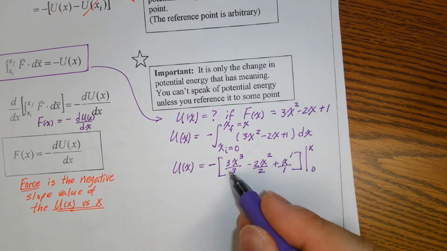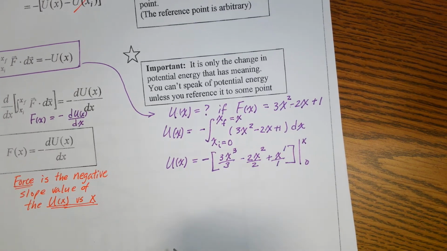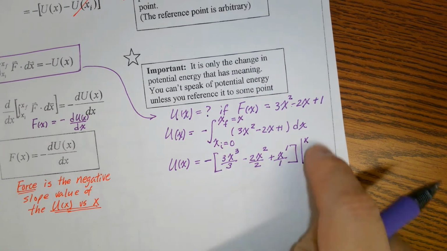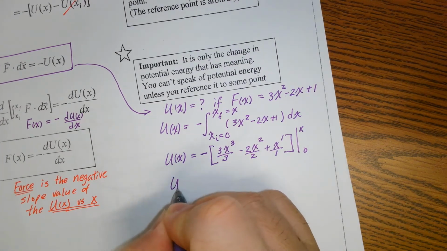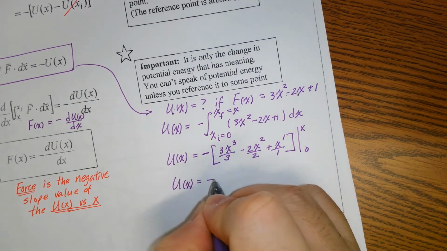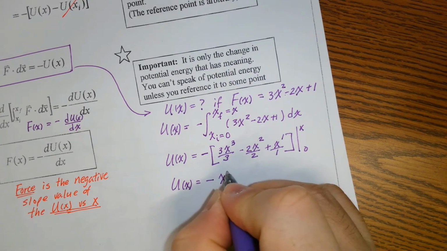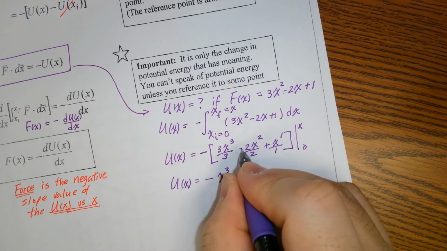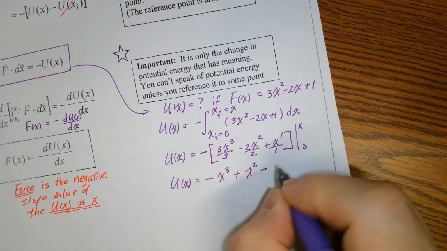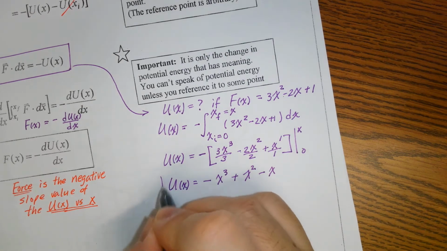If I plug in x, it's just going to stay as x, and if I plug in 0, it's going to be 0. So u of x is equal to negative, this 3 over 3 will cancel out to 1, x cubed plus x squared minus x as my u of x.